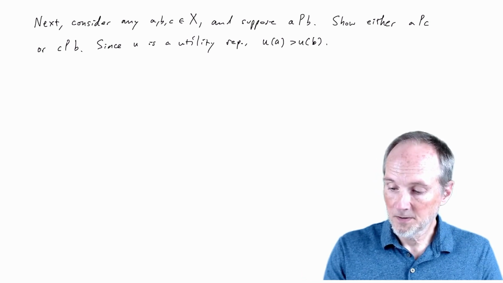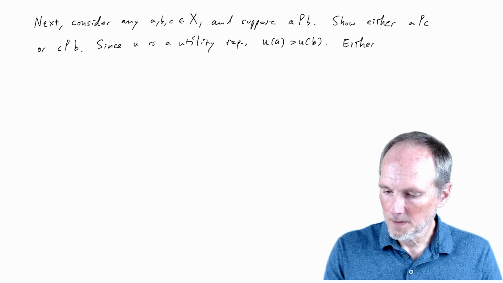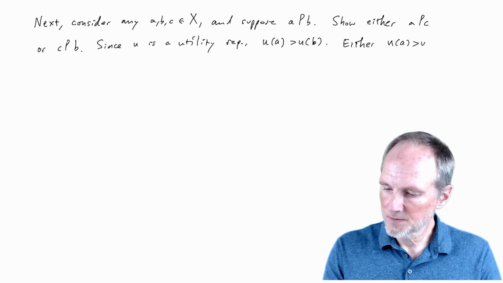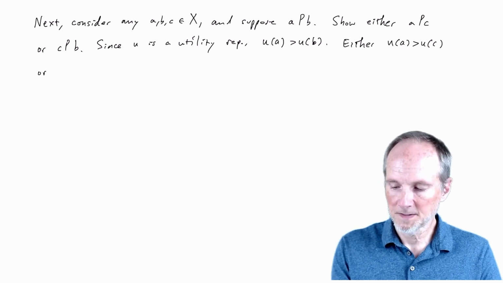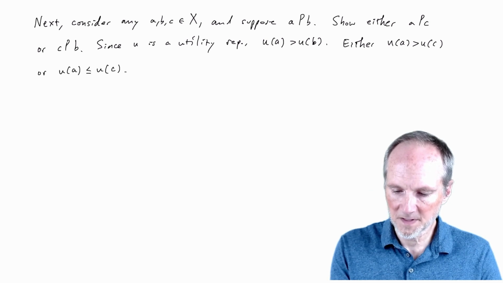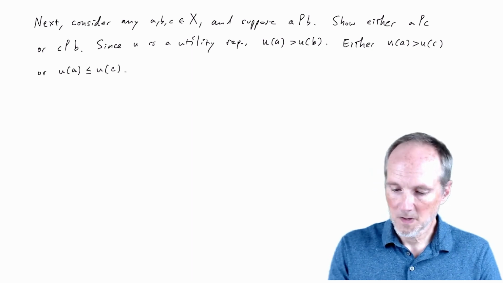And we're going to consider two possible cases. Either the utility from A is strictly bigger than the utility from C, or it's not strictly bigger, which means it's less than or equal to the utility from C. One of those two things has to hold.